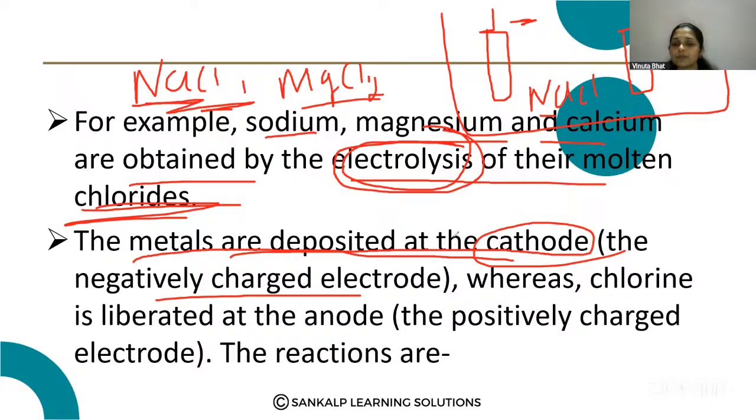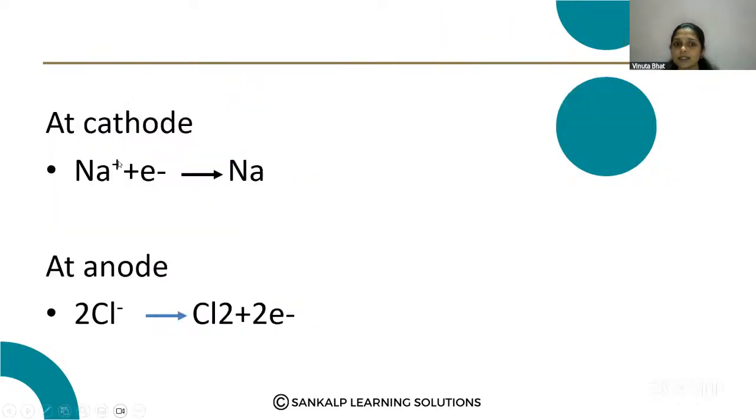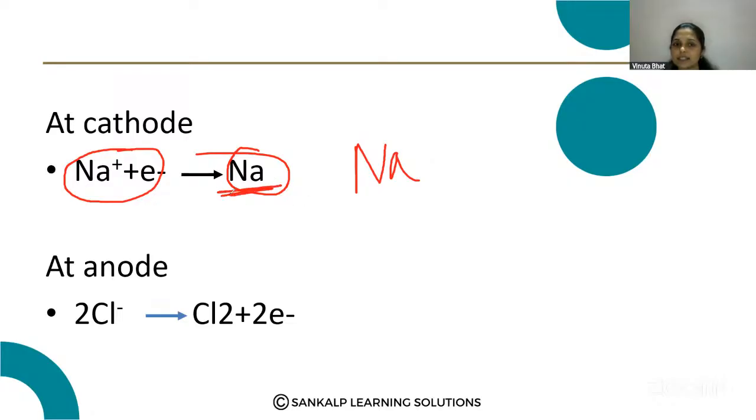So this sodium and chlorine, when electricity passes through it, they separate, chlorine and sodium. In the reaction that takes place, sodium gives up an electron and becomes Na, leaving one electron and attaining the stable state. At the anode, what happens?